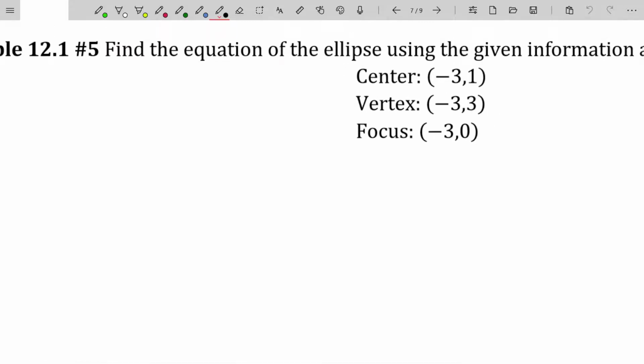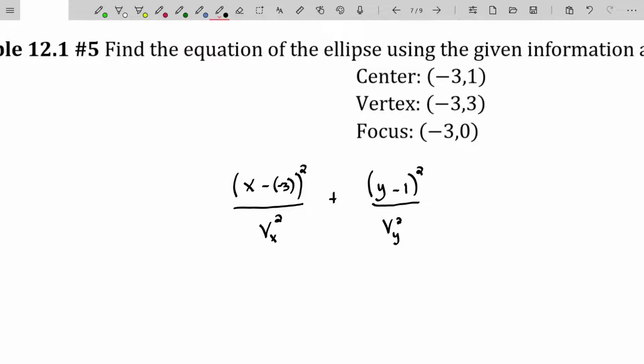I can just quickly say, well, then the equation must be x minus that -3 quantity squared over the horizontal distance to the vertex in the horizontal direction, squared, plus y minus 1 quantity squared divided by the distance vertically to the vertex, so v sub y squared, and then that should equal 1. Great. So I'll clean that up.